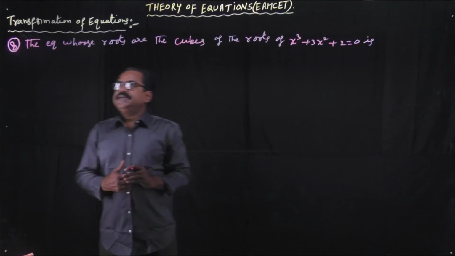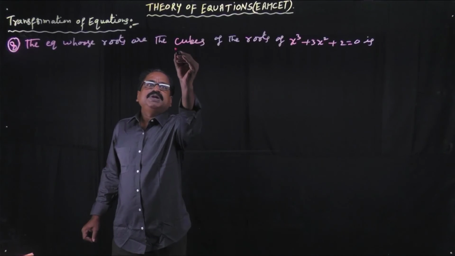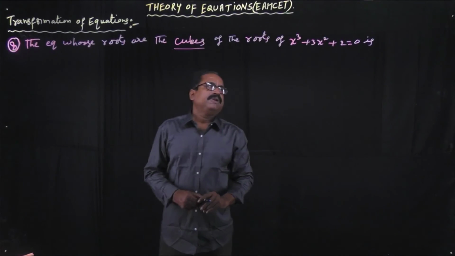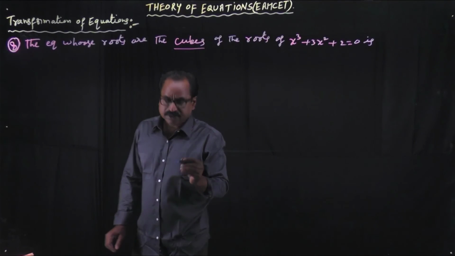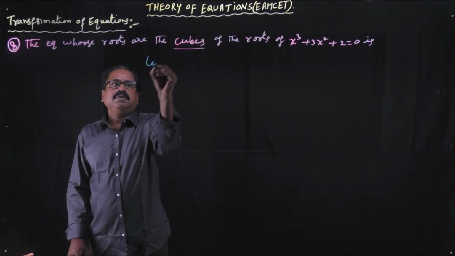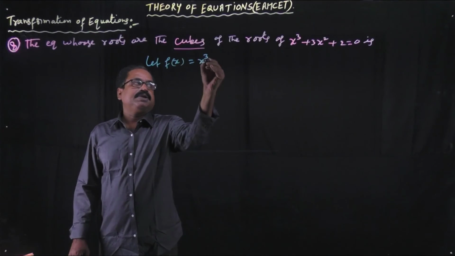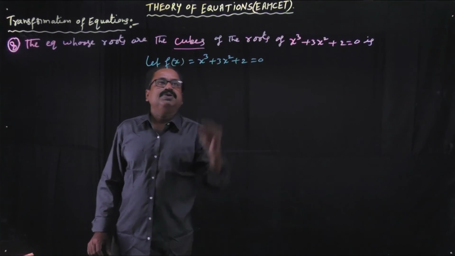Eighth question is, the equation whose roots are the cubes of the roots of x cube plus 3x square plus 2 is equal to 0 is, let f of x is equal to x cube plus 3x square plus 2 is equal to 0.